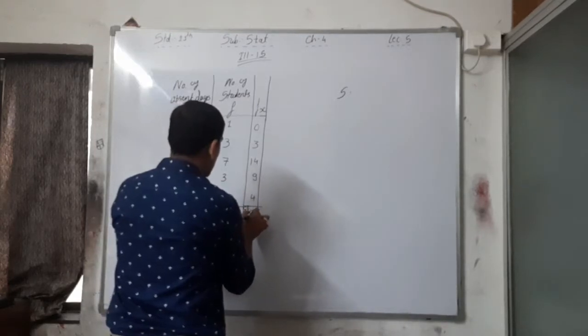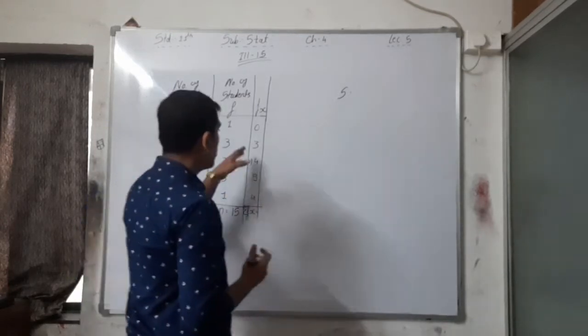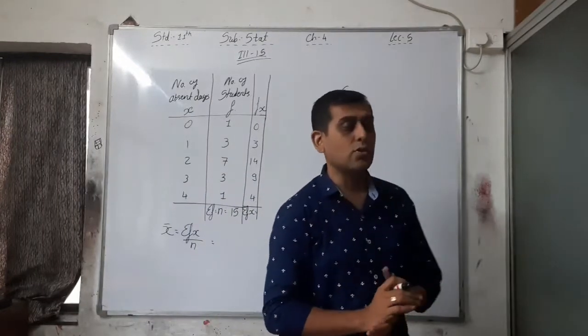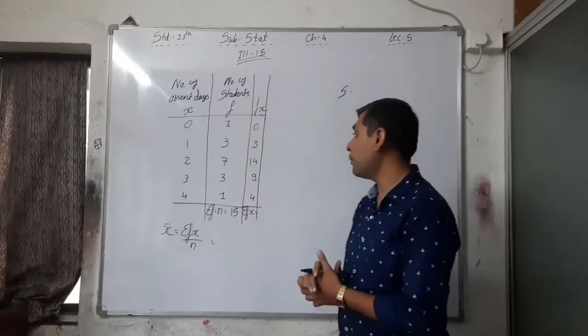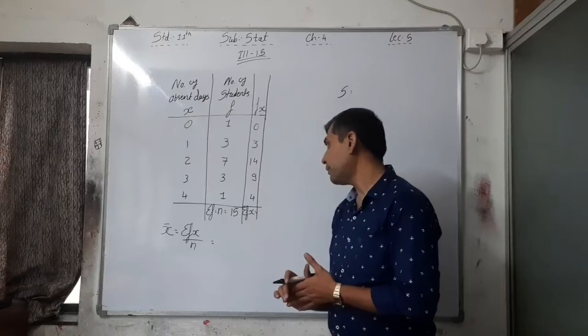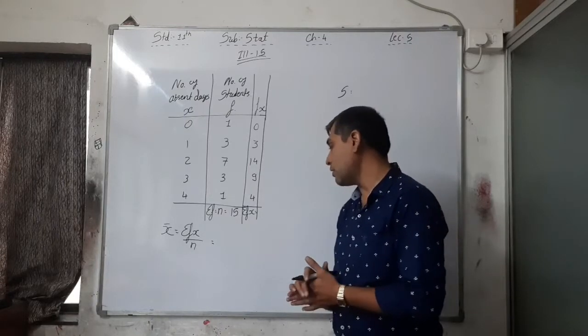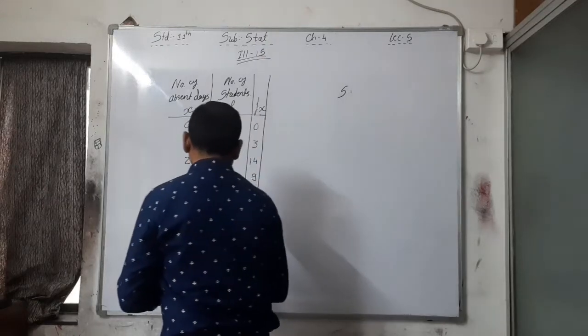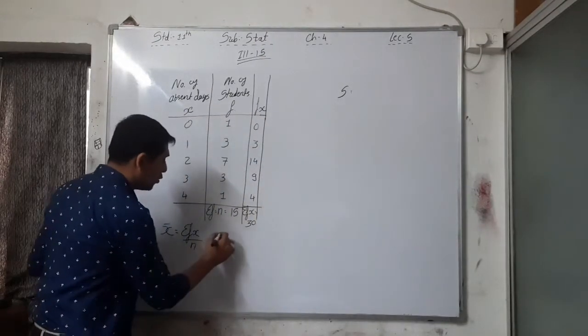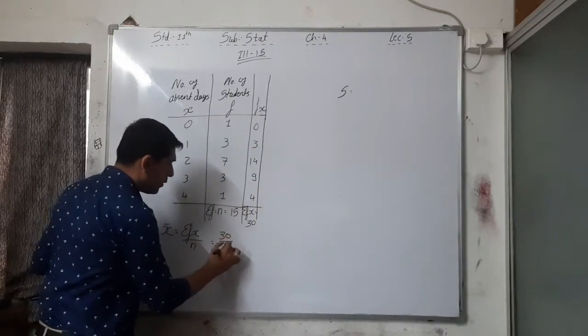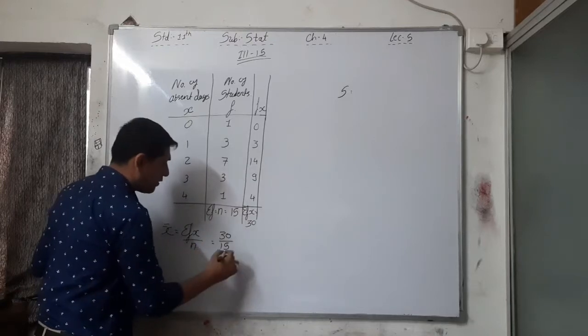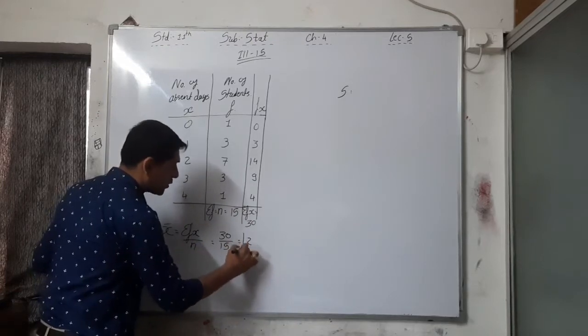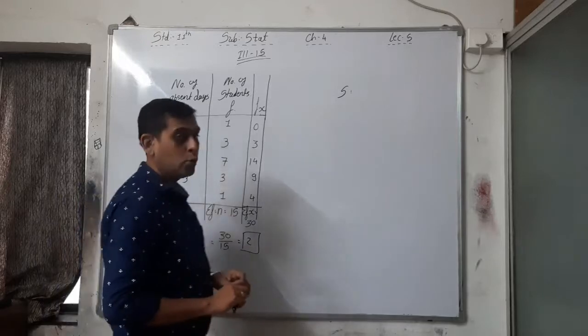Sigma fx is equal to, make the total first: 14 plus 3 plus 9 plus 4. It is 30. So your x bar is equal to 30 divided by 15, because n is equal to 15. So your x bar is equal to 2 days.